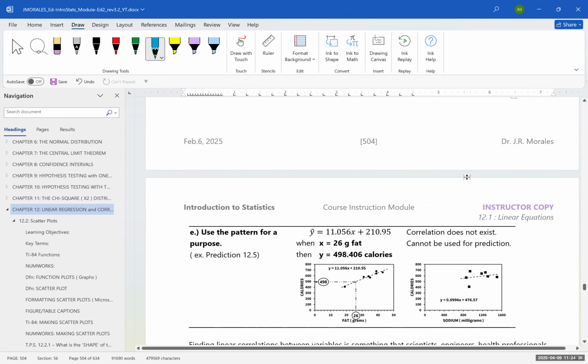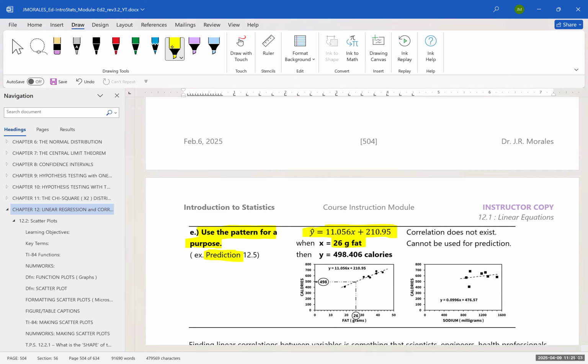And I already kind of hinted at this. Once you do this, you can use the pattern for a purpose. You can use it for prediction. So now that we have our line of regression, we can say, well, if we were to choose another burger and the burger had 26 grams of fat, how many calories can we predict that that burger is going to have?